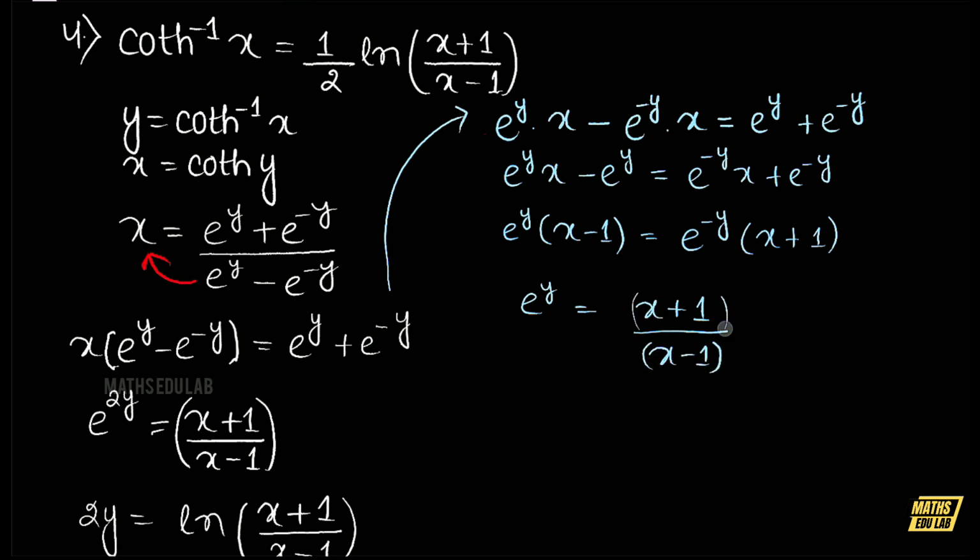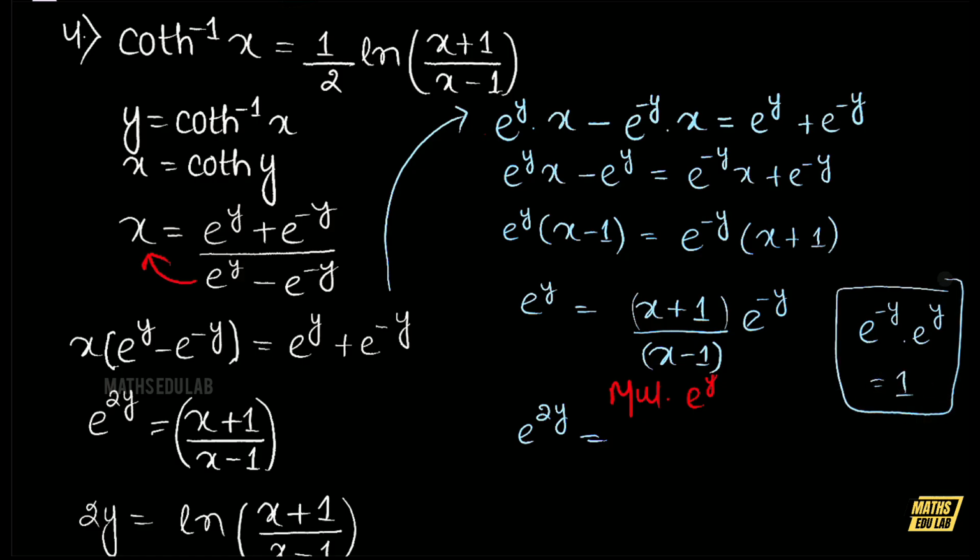On multiplying e to the power of y on both sides, we get e to the power of 2y is equal to, here e to the power of y into e to the power of y, hmm, e to the power of y into e to the power of minus y will be equal to 1, which is equal to (x plus 1) upon (x minus 1).